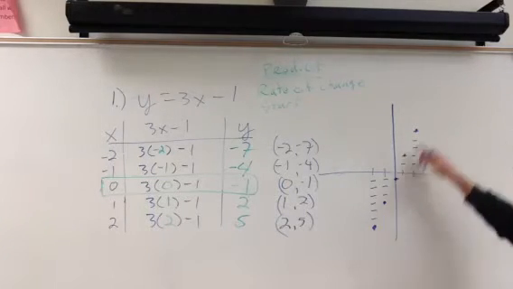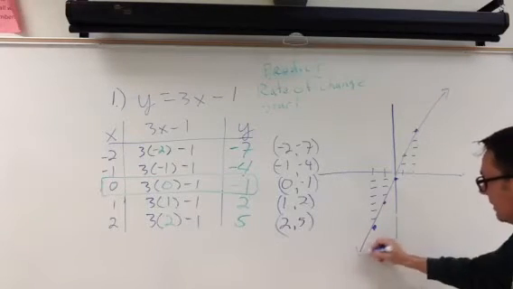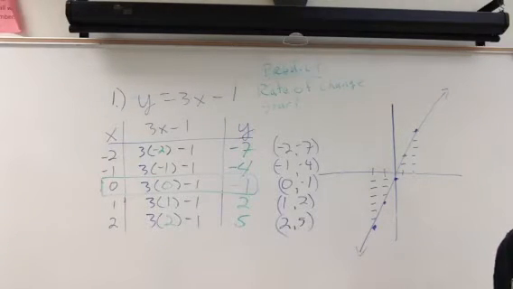Now if you look, these points somewhat make a straight line, and we can connect our graph with a straight line. These are all linear functions, so they should make a straight line. Just like that.